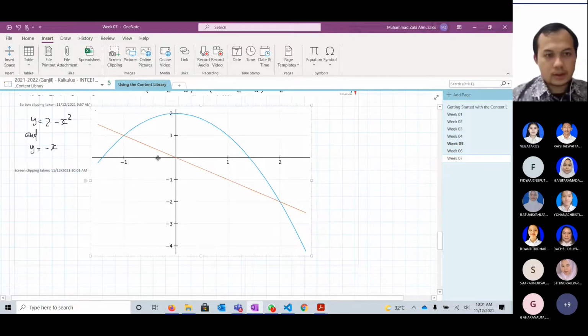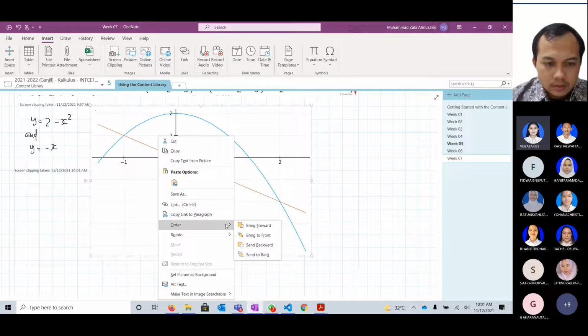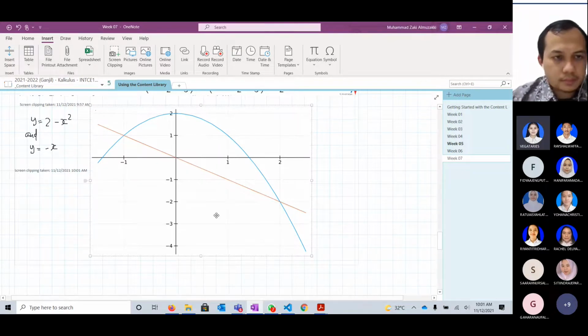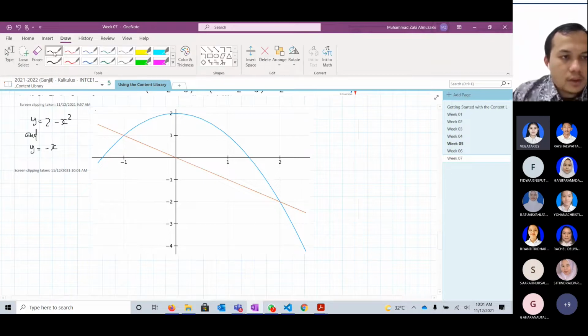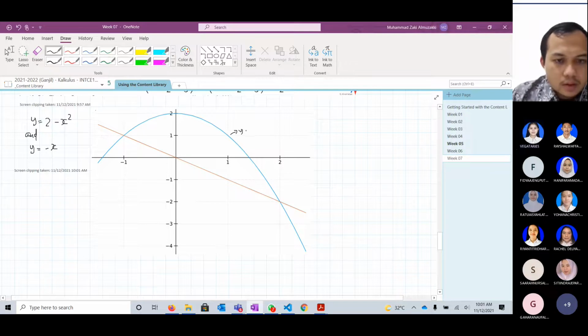So here we have the blue line, which is y equals 2 minus x squared, and the red line is y equals minus x. So what we want is to compute the area.